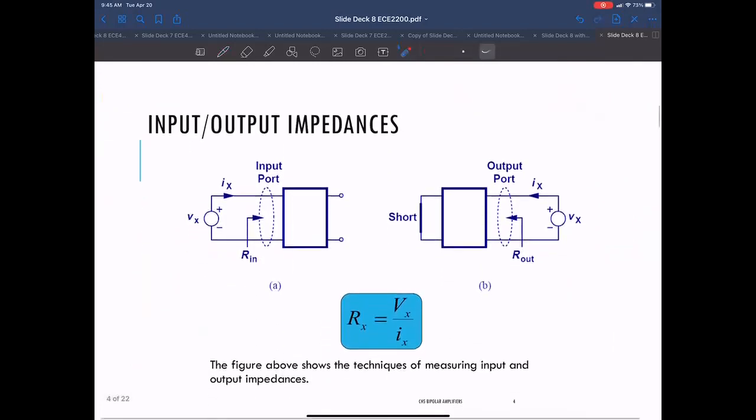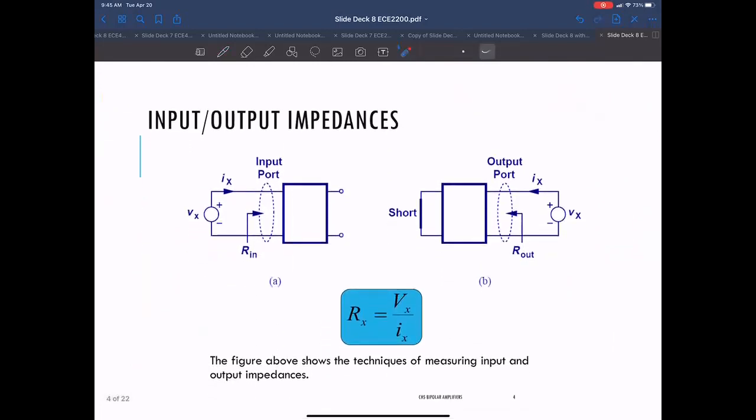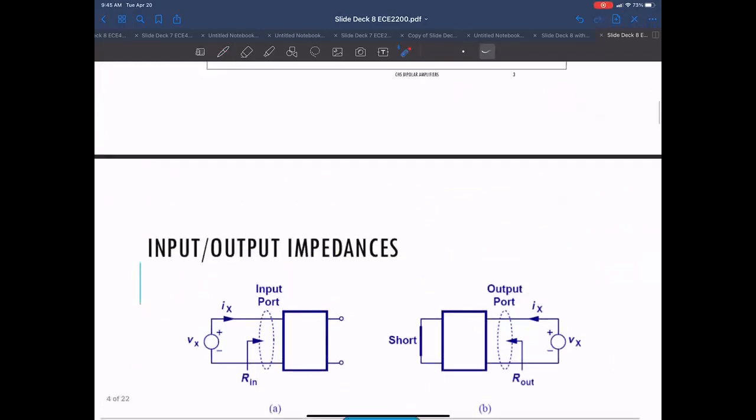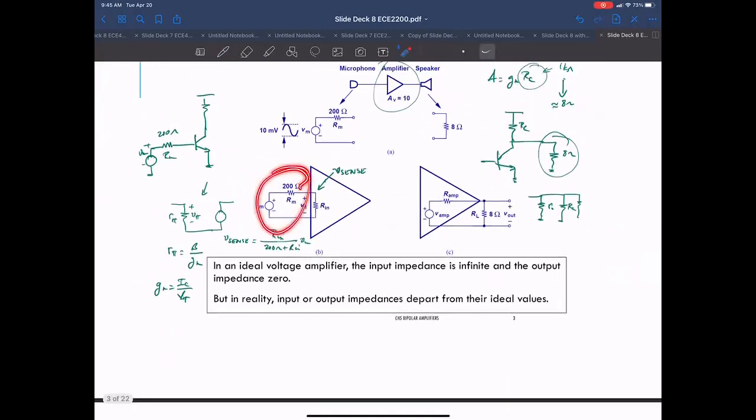Okay, so the first thing is let's show how we calculate the input and output resistances of our amplifier, because we have this load and then we have to figure out what the input impedance of our amplifier looks like.